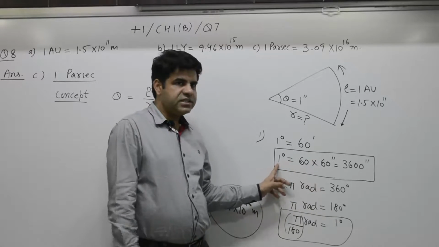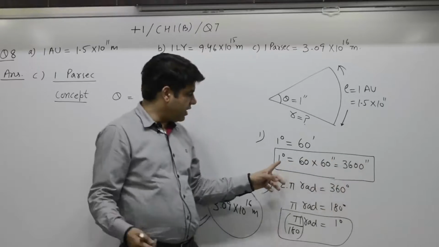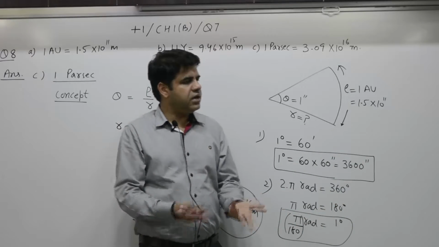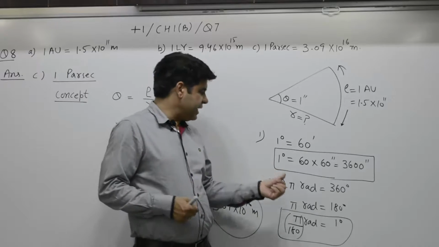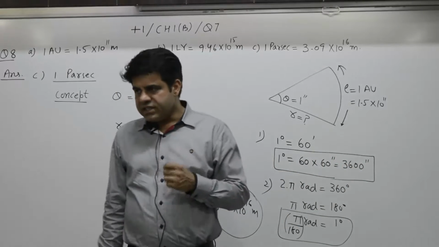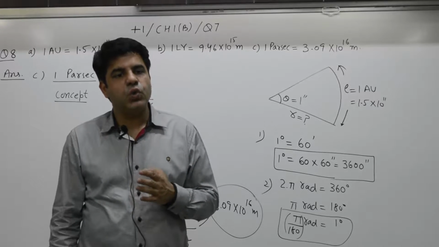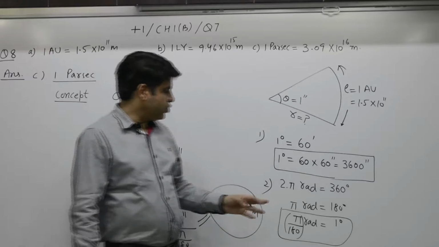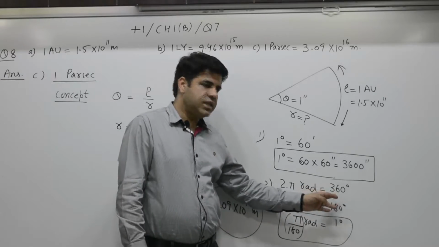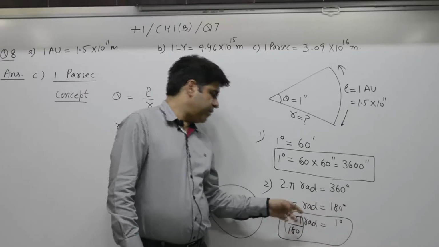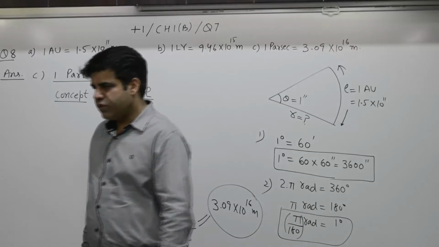So 1 degree is 3600 seconds, like 1 hour is 3600 seconds. You can write 1 second in terms of degree, but is degree acceptable? No. The SI unit is radian. So 2 pi radian is equal to 360 degree, pi radian is equal to 180 degree, or 1 degree is equal to pi by 180 radian. Time with you is 4 minutes.